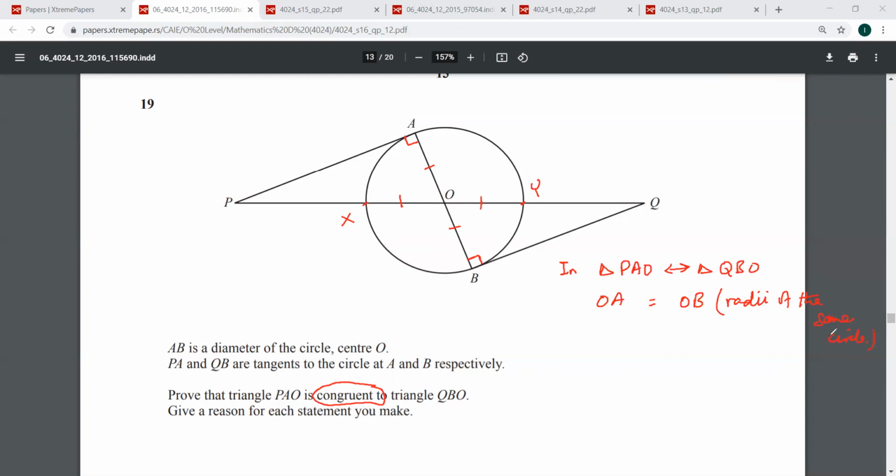Reason is a must, but remember this. Now, secondly, we can say that angle A is equal to angle B, and they are equal to right angles.